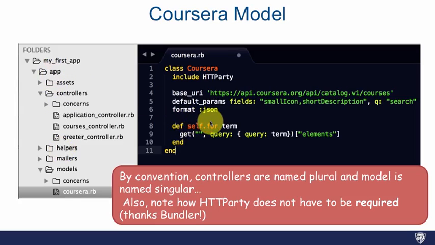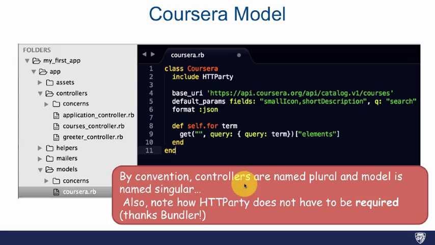And we could just paste in the example from the HTTParty integration lecture earlier. The difference being that in this case we're not requiring HTTParty, because the bundler already loads that gem in for us when the application starts up, so that's great.